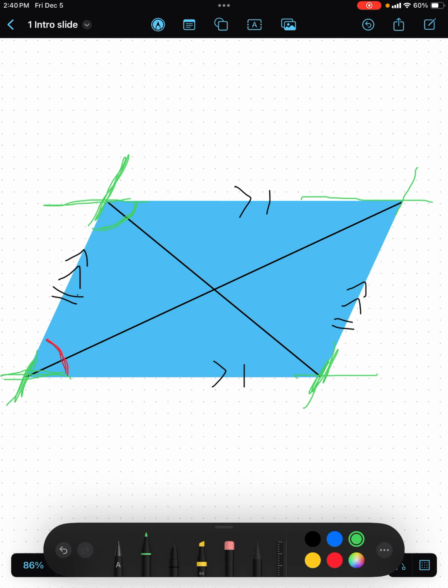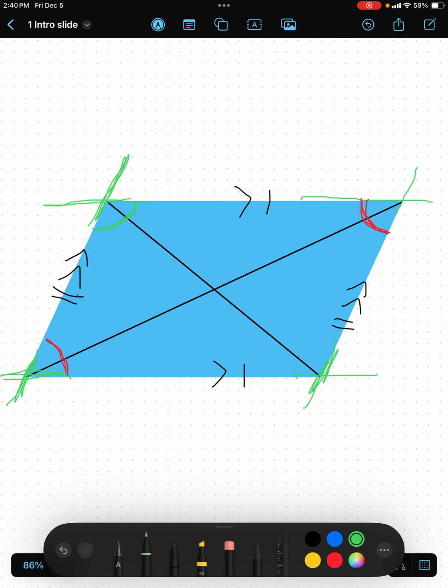And since we have same side interior angles on the top as well, that green angle and red angle are also supplementary, adding up to 180 degrees. So then you can see that the opposite angles, the angles on opposite corners that I have marked in red, must be congruent, because if you have two things that add up to 180, and then one of those plus an additional thing makes 180, then those two red ones have to be the same.